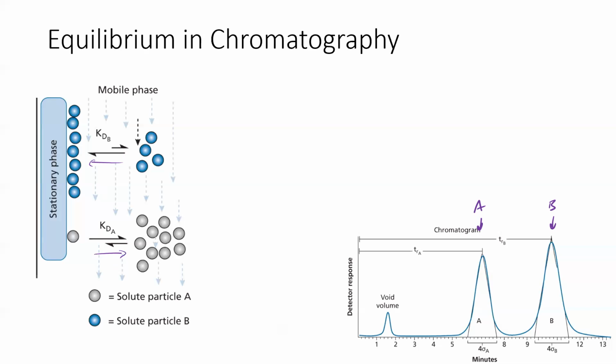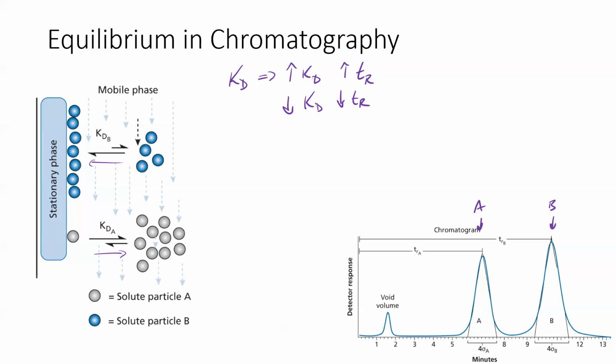So when we think about KD, a larger KD means an increased retention time, which is T sub R, retention time. A smaller KD is going to mean a smaller retention time. And that's what this looks like when we do it in an instrument.